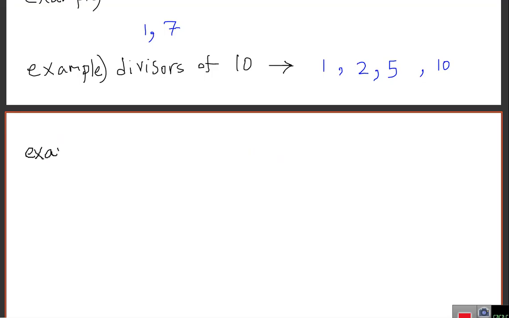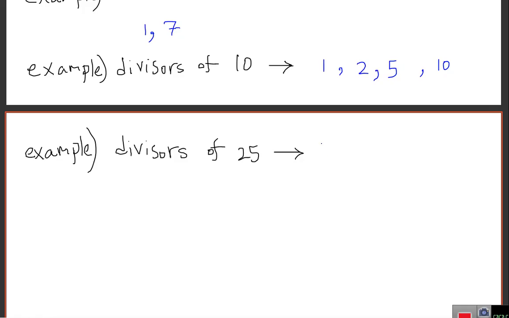Okay, here is another example. We want to know what the divisors of 25 are. Okay, so we check. Of course, 1 and 25 are always there.